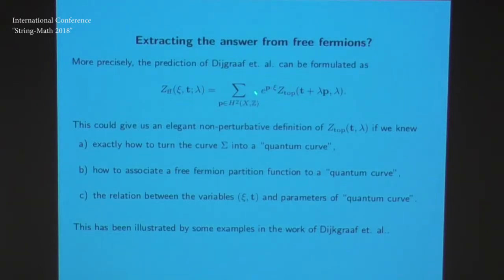And this is weighted with some exponential p times zeta, thereby introducing some additional parameters zeta here into the answer, which are of course very important and which we will have to understand mathematically.